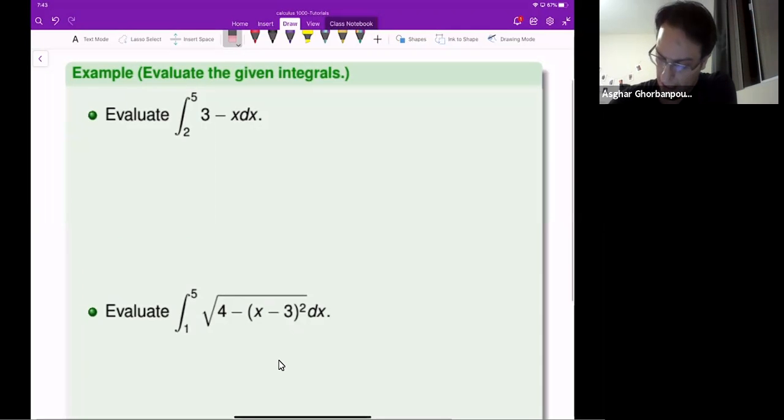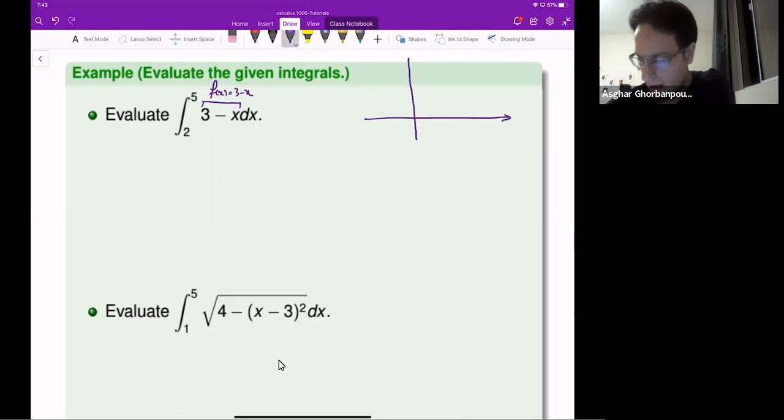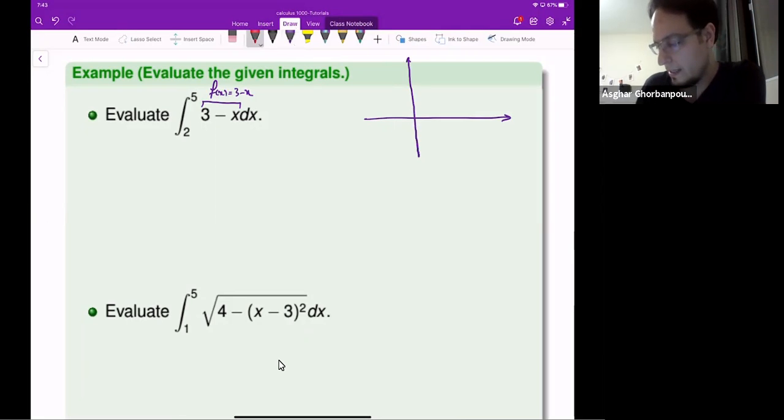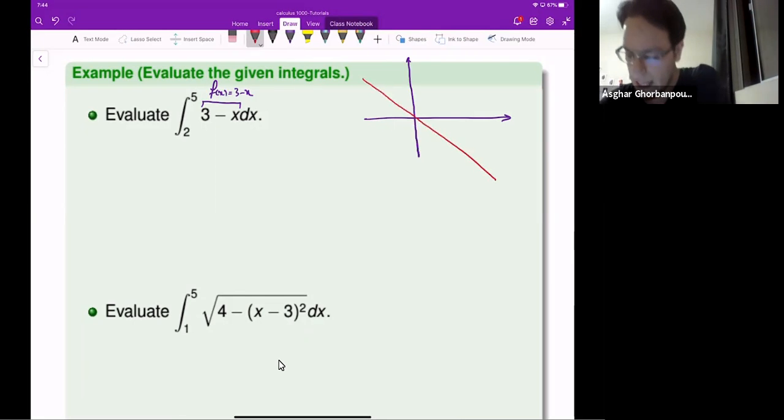Here, I have my function f of x is 3 minus x. What is the graph of 3 minus x? Oh, this is our friend. Well, this is minus x, but then there is plus 3.